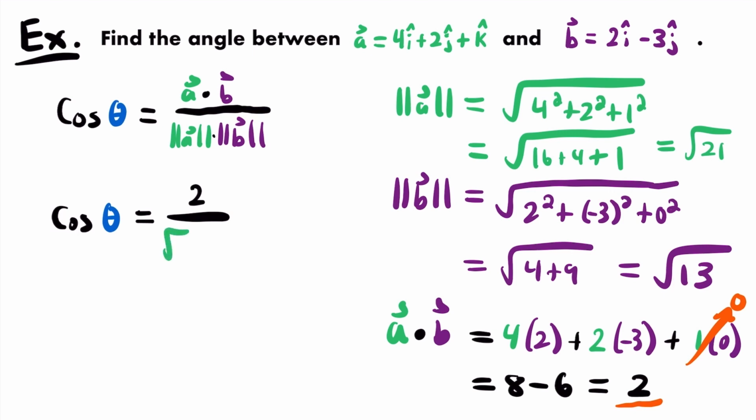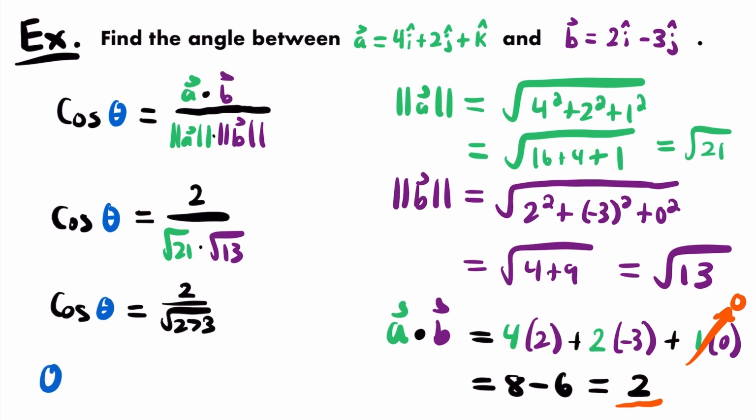Okay, now if we simplify, to multiply these two square roots together, we can simply just multiply 21 by 13 and keep it under the square root. And 21 times 13 is 273. And so we have cosine theta is equal to 2 divided by the square root of 273.